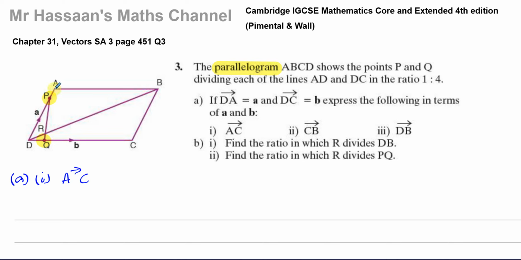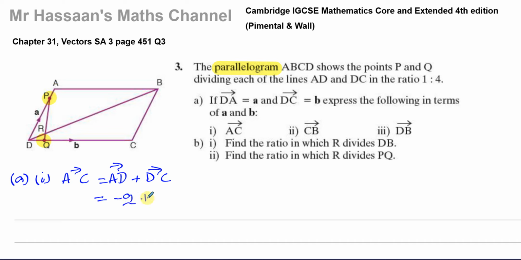A to C, so we're going to go from here to there. We can go from A to C by going from A to D, and then from D to C. So we have AD plus DC. From A to D is the same length as a, and parallel to a, but in the opposite direction. a is going from D to A, and what we want is from A to D, so it's minus a.